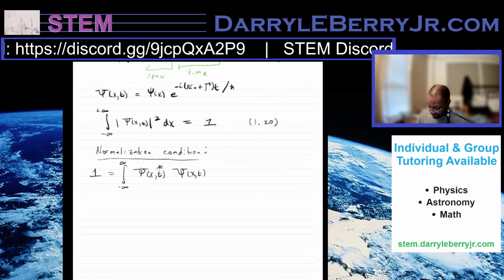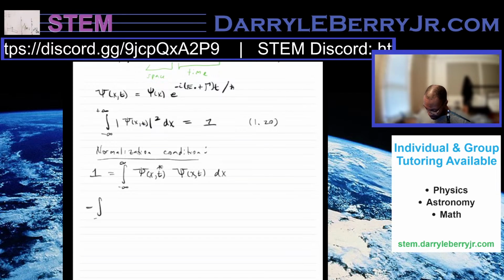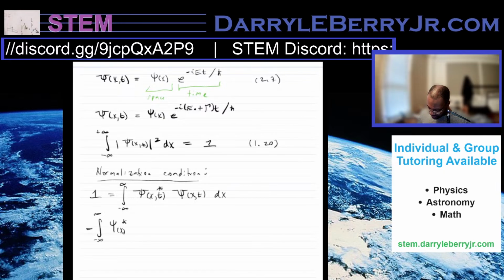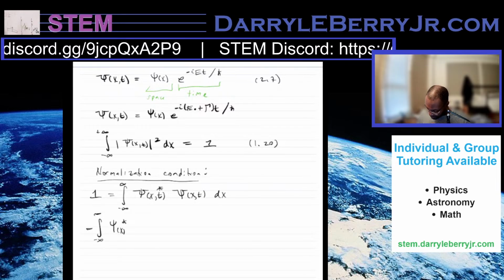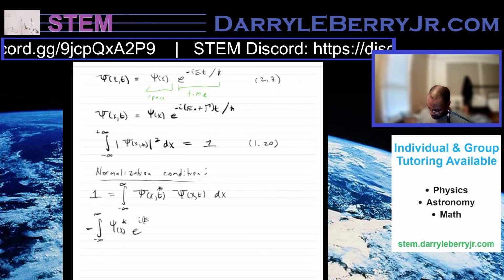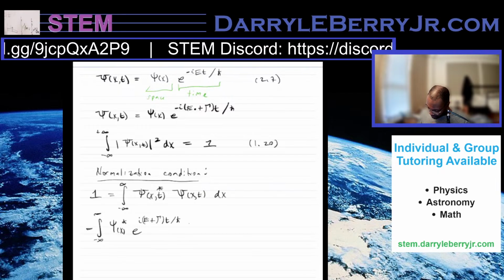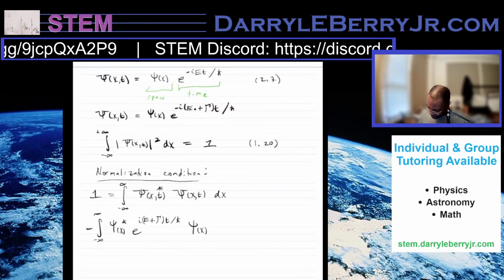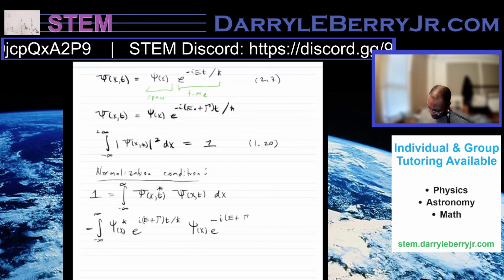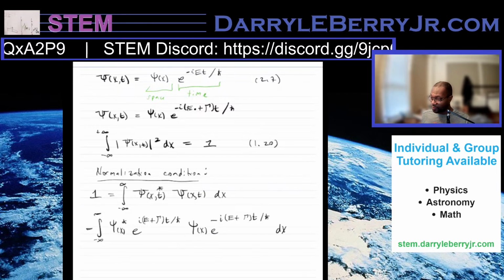That's the meaning of that symbolism, dx. And our equation was psi of x, so this would be the complex conjugate of that, then e to the i, E plus lambda, t over h bar, then psi of x e to the negative i, E plus lambda, t over h bar, dx. So this is going to have to equal 1 in order for this to work.